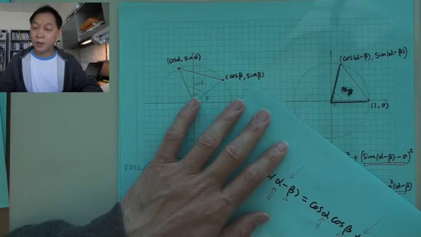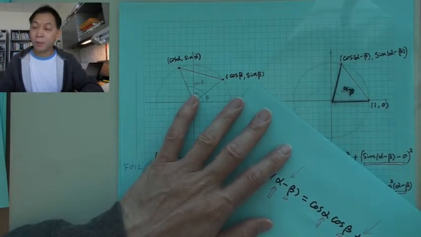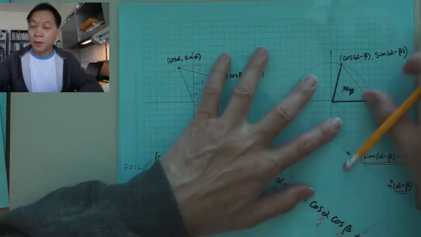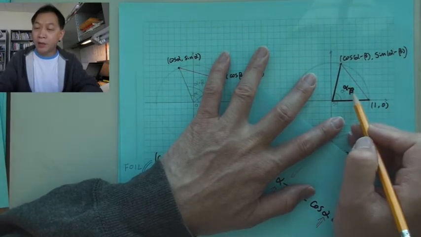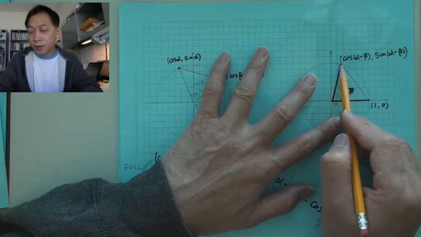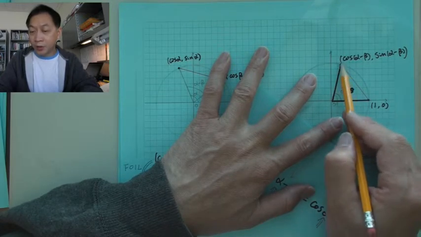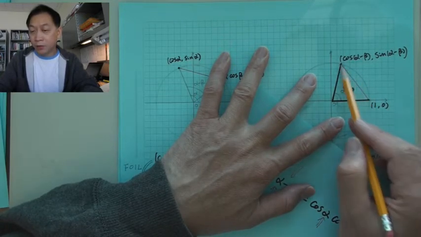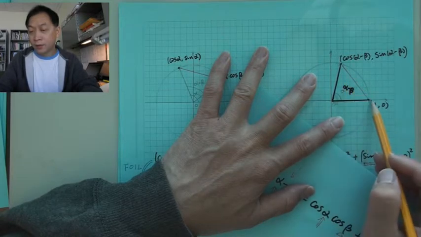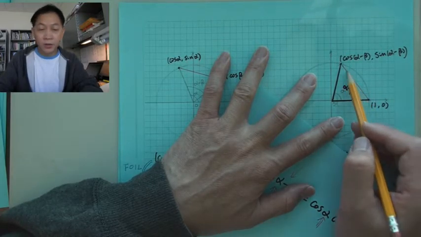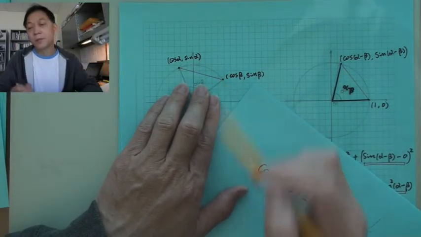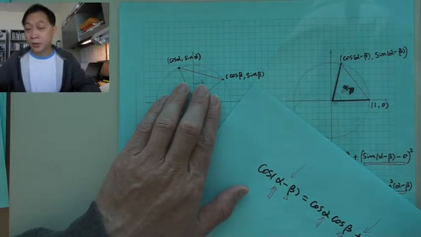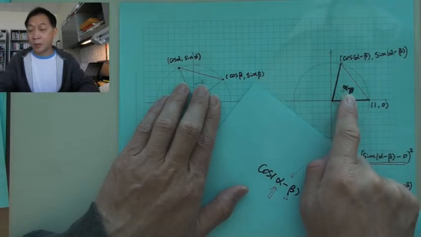Remember here is that this angle alpha minus beta, the distance I highlighted between those two points, the red line, should be equal to this distance, because the angles are both alpha minus beta.